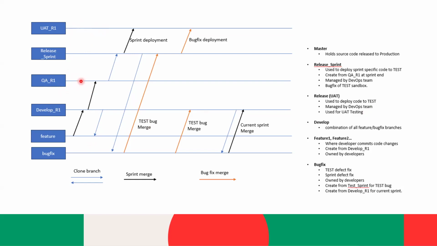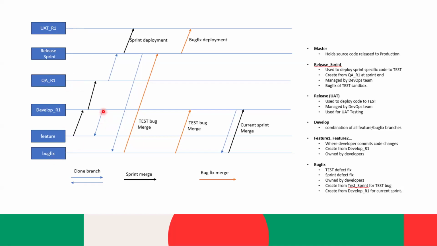Okay. So let's say on Friday my sprint 1 is completed. From Monday sprint 2 will start, right? On Friday, I see in QA R1 we have all the code for sprint 1. Now I want to deploy sprint 1 code to UAT, and I know from Monday the sprint 2 development will start.